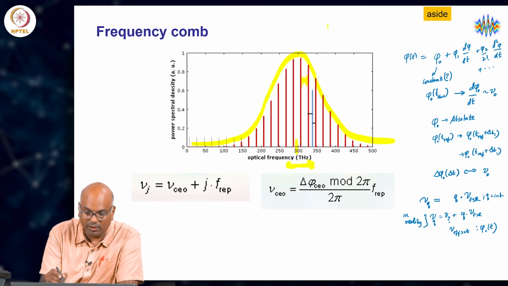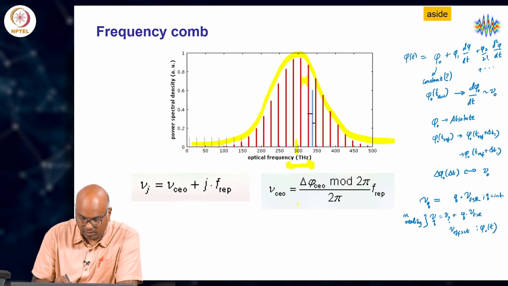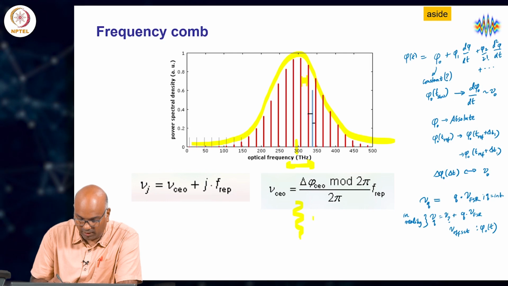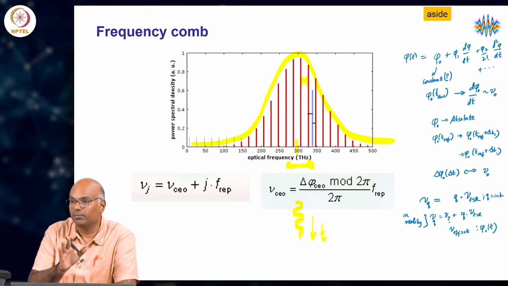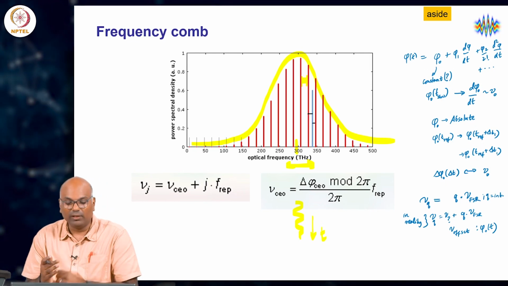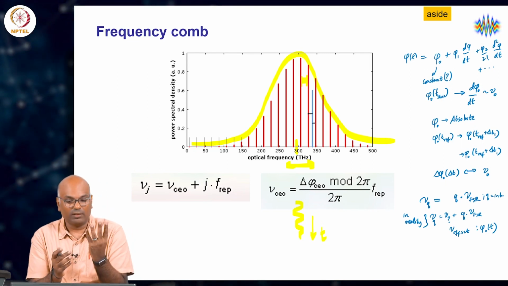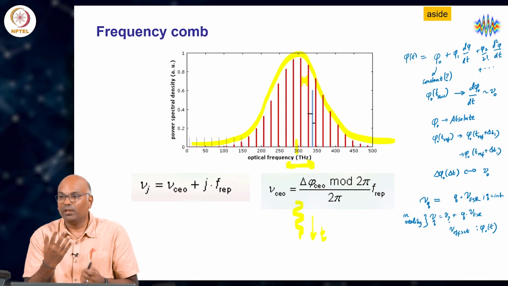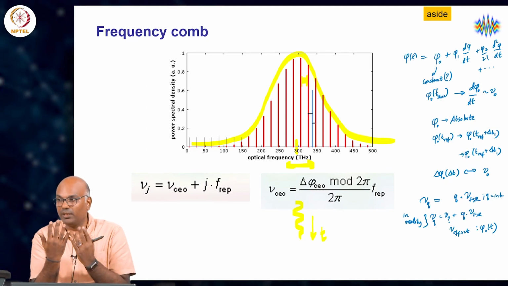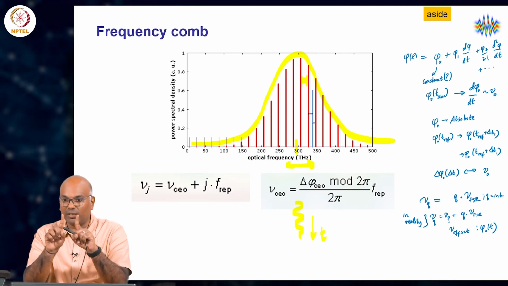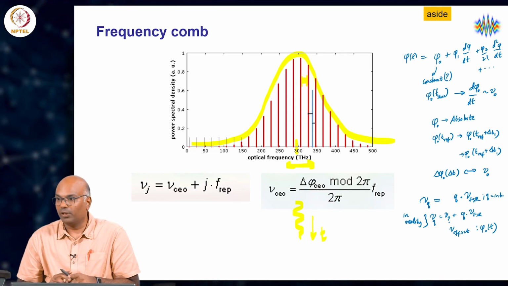So if I were to plot this in time, maybe the center of mass did that as a function of time. The comb was moving around. The other effect that can happen to the comb is if the comb can breathe, right? The spacing between 2 modes, the FSR, can also fluctuate in time.